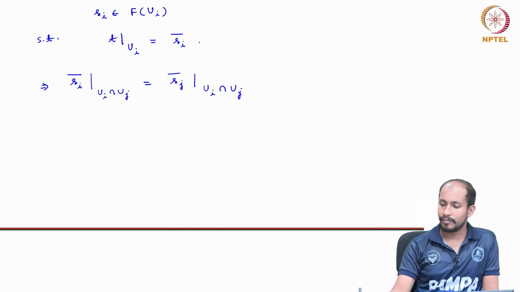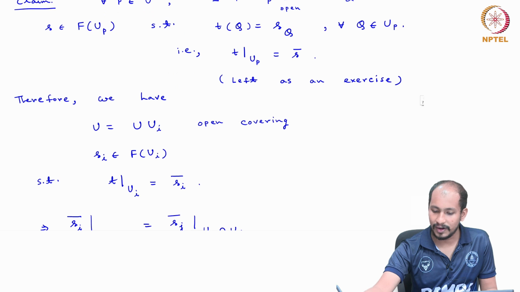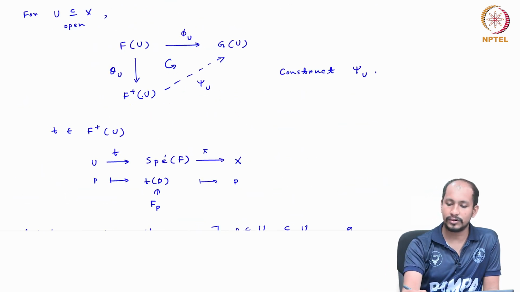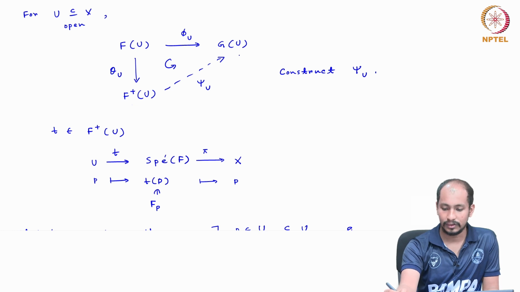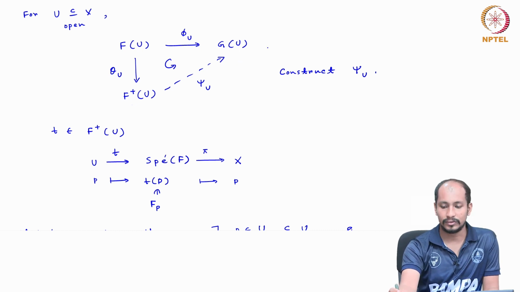Now, we want to give a map from F plus to G, or F plus u to Gu. So for this T, it has to go somewhere inside Gu.